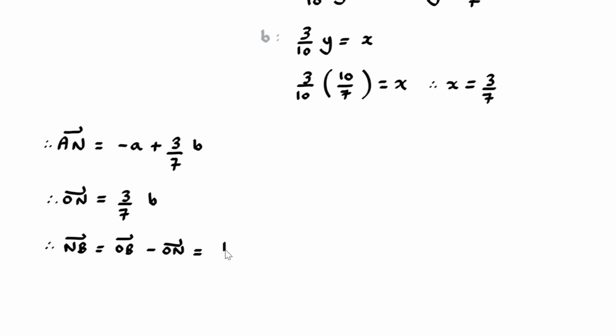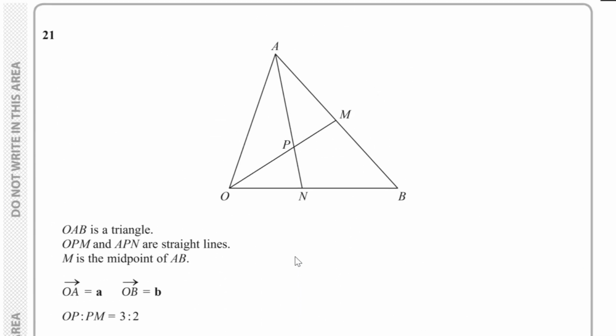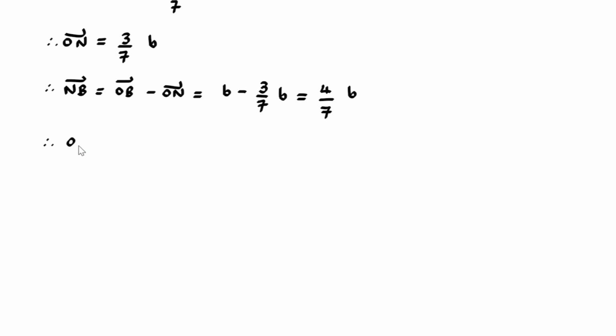So I've got the vector OB equaling B minus the vector ON, which is 3/7 B. And it turns out the vector NB is 4/7 B. So I can now find the ratio ON to NB.